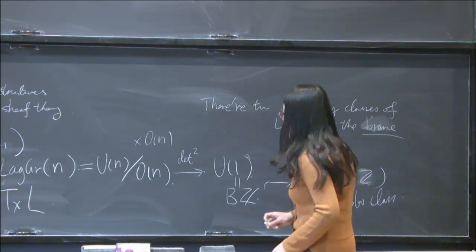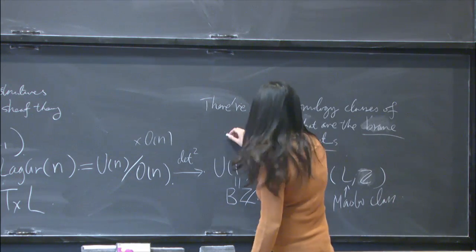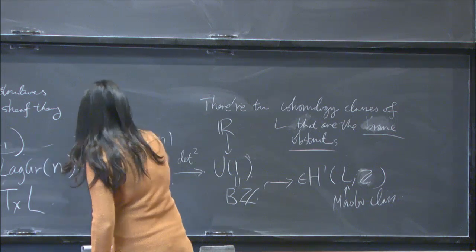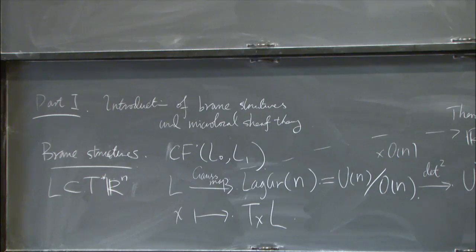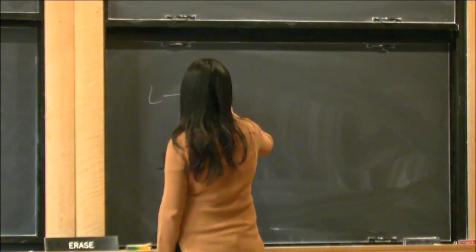Okay. And then the non-vanishing of this Maslov class is the obstruction to lift this composite map to the universal cover R.